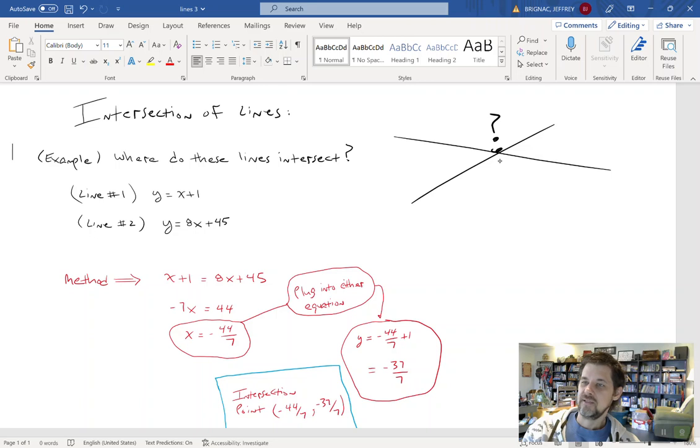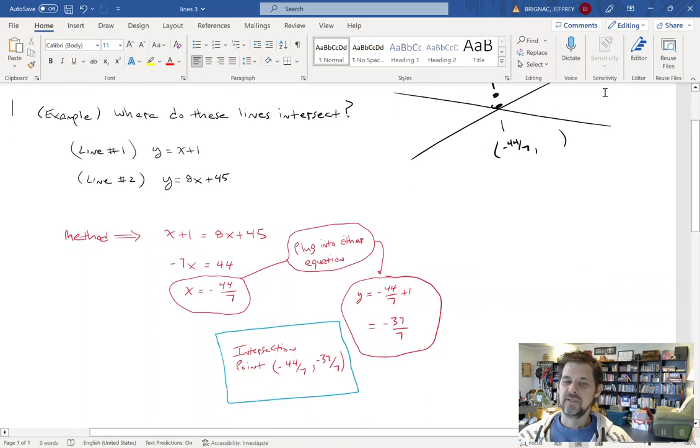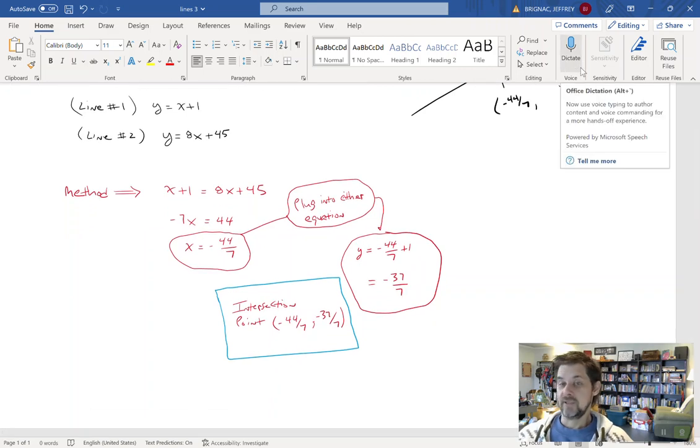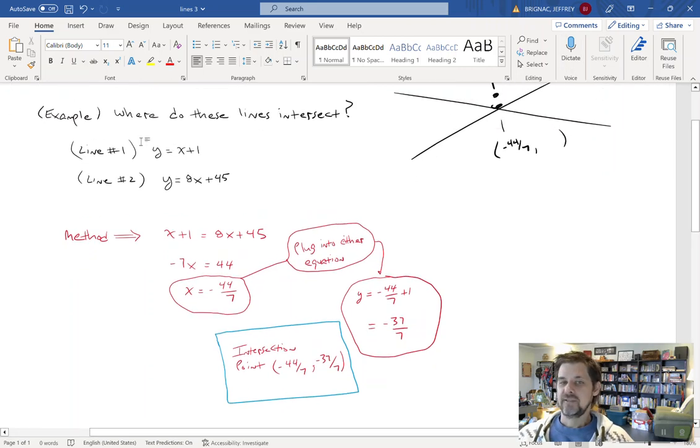Now, I know the x coordinate of where these two lines intersect. So I know the x coordinate is -44 over 7. Every point on a graph has an x coordinate and a y coordinate, so next would be to find the y coordinate. These equations both have an x and a y, so I can take my found x coordinate and plug it into either one of these.